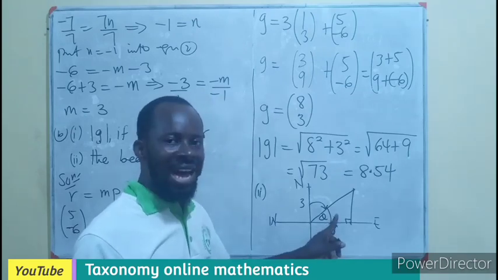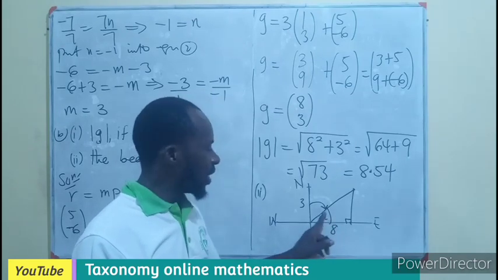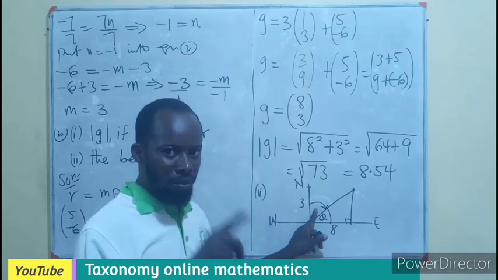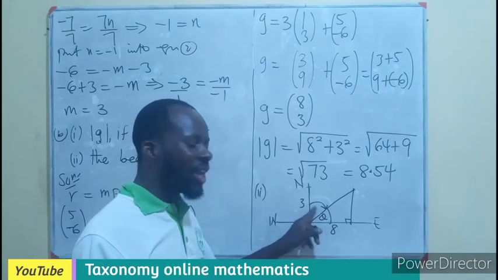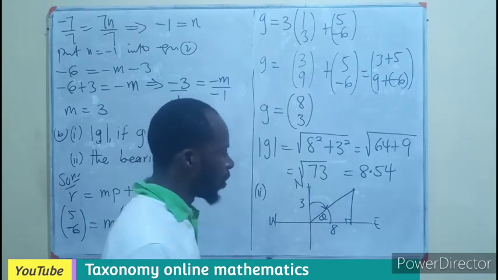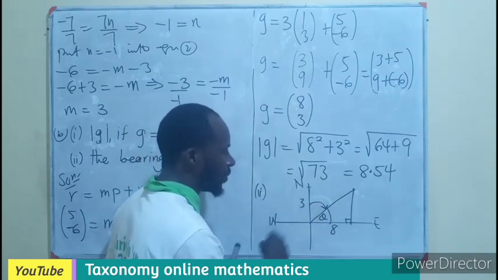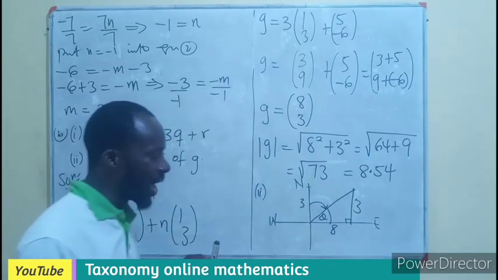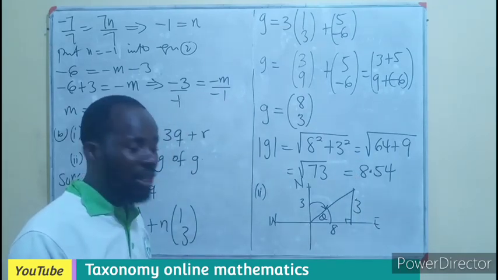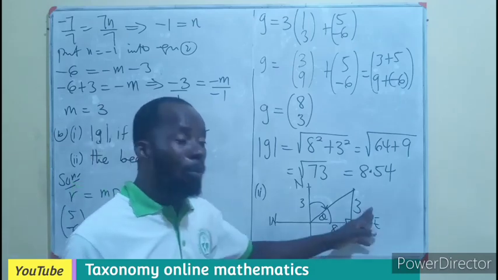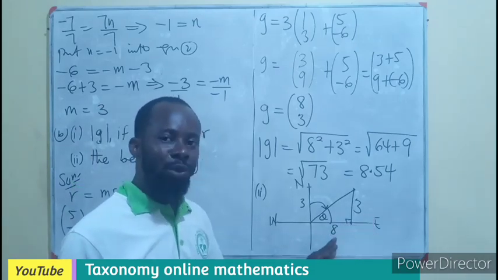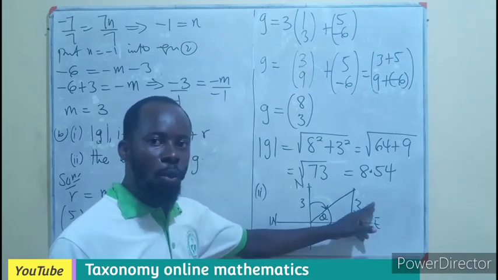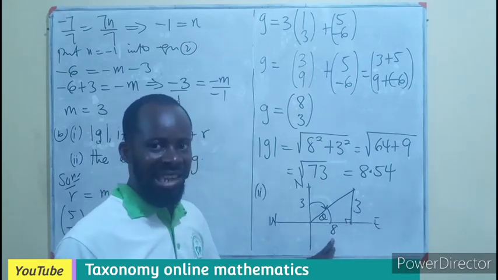So the angle theta plus whatever the angle here will be gives me 90. So it also means that 90 minus theta gives me what I'm looking for. Don't forget, this is parallel to this, so it will also be 3. So right away, I can use trigonometric functions, making use of opposite and adjacent. So tan theta will be equal to the opposite side over the adjacent.